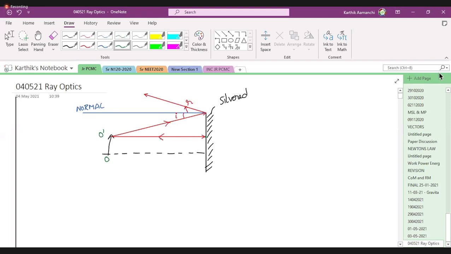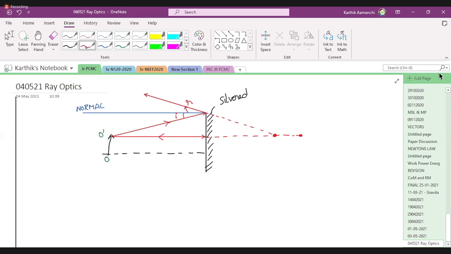Now, can I say this reflected light ray is coming from somewhere at the back of your mirror, from one point on the other side of the mirror? Yes, sir. So this reflected ray will appear as if it is coming from one point.